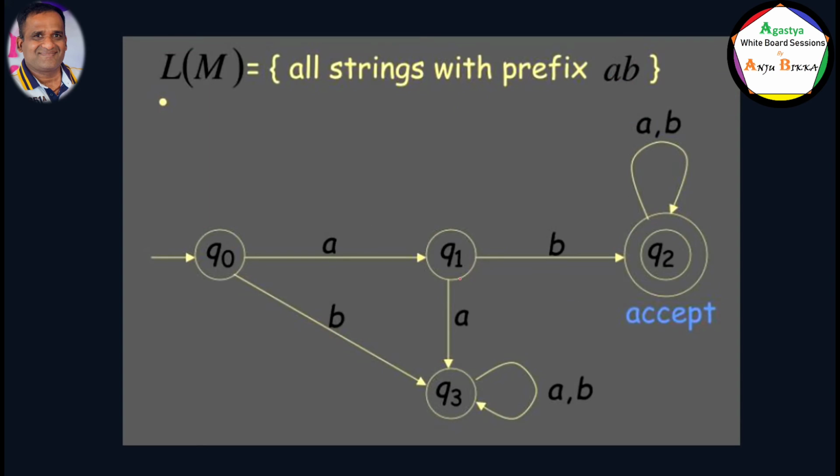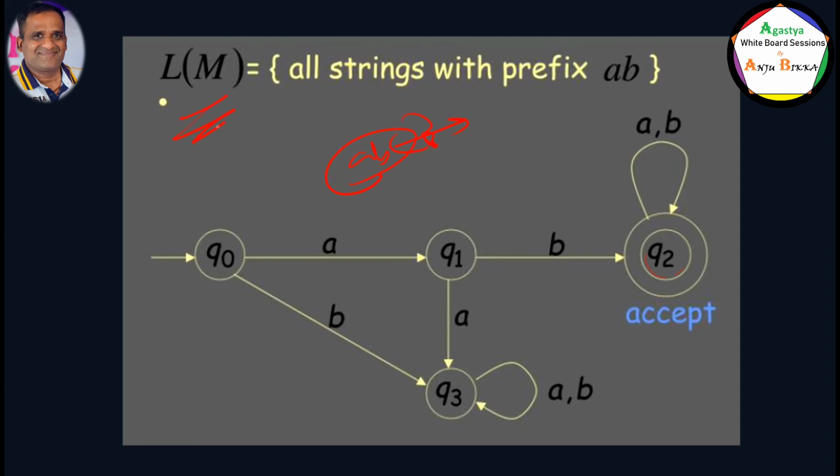Now we can see this machine. It accepts all the strings which are prefixed with AB, followed by anything, and then it goes to a final trap state.